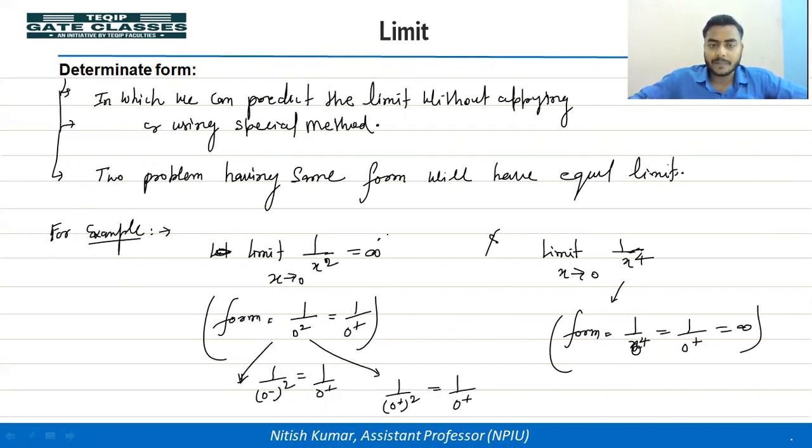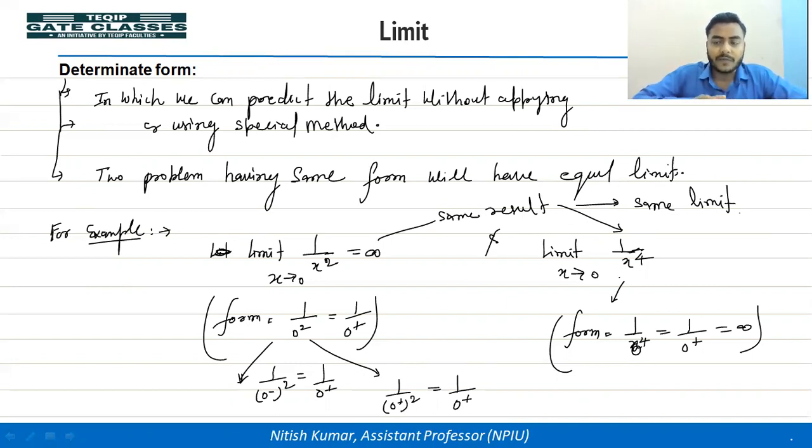So the determinate form is one in which we can predict the limit without applying a special method, and two problems having the same form will have equal limits. You cannot vary it.